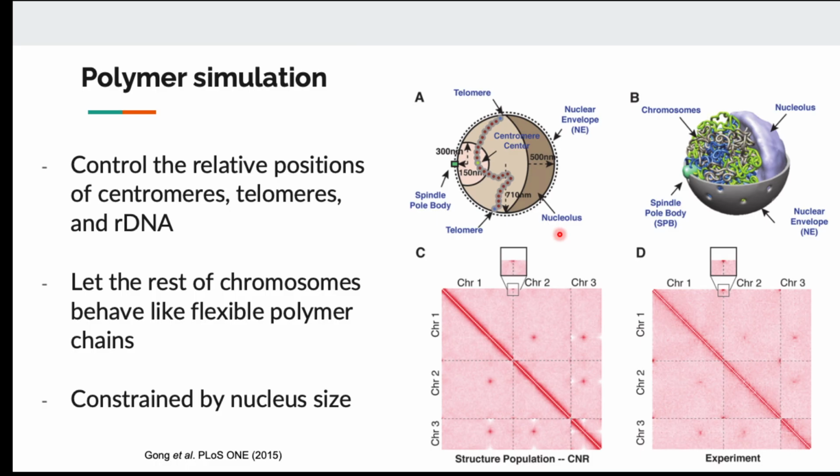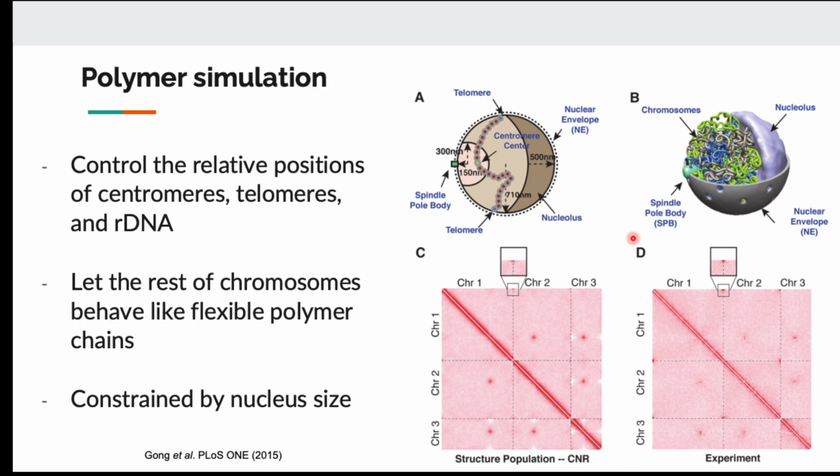So people use a lot of data from yeast because it's easy to study, and yeast only has 3 chromosomes, so it's not as complex as human. You have 23 polymers inside. So for yeast, it's only 3. So the early models modeled the nucleus as a sphere, and then they fixed the position of the centromere because we know that centromeres aggregate at a certain location, and they let the rest of the chromosomes be flexible, so they can fold anywhere inside the nucleus.